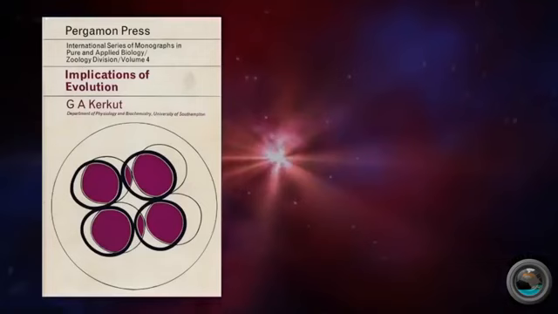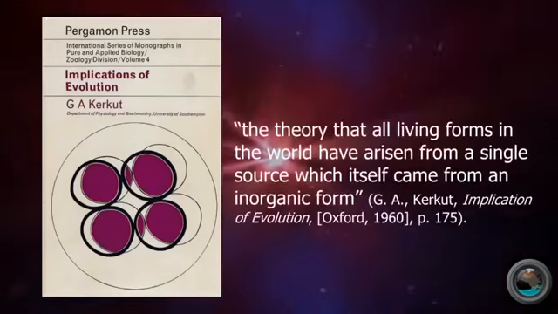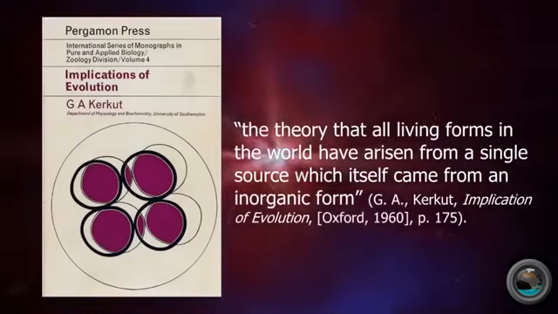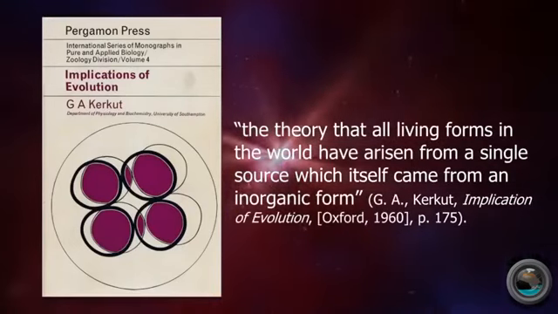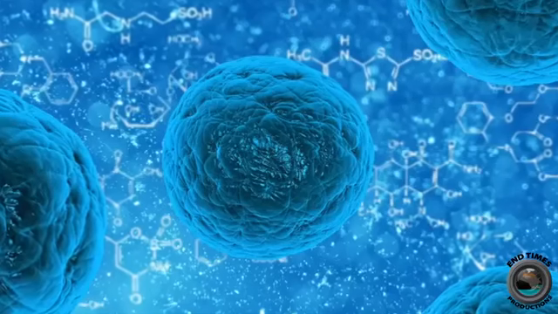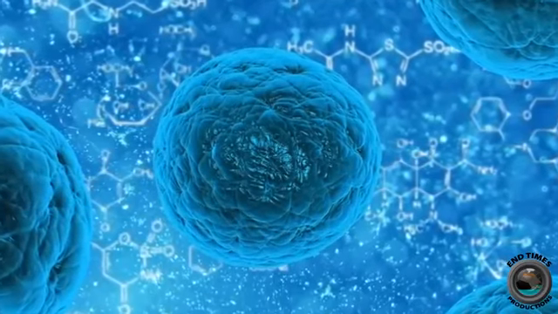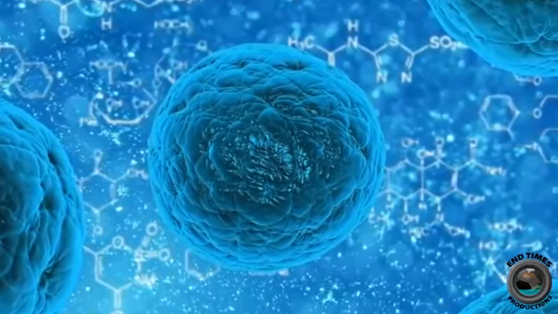Likewise, zoologist and physiologist Gerald Kirkett defined the general theory of evolution as the theory that all living forms in the world have arisen from a single source, which itself came from an inorganic form. Hence, the erroneous nature of abiogenesis does have an impact on evolutionary theory, despite claims to the contrary.